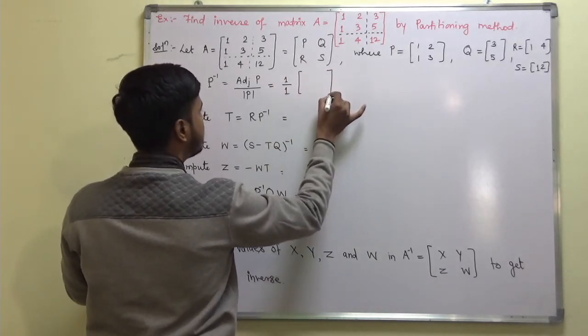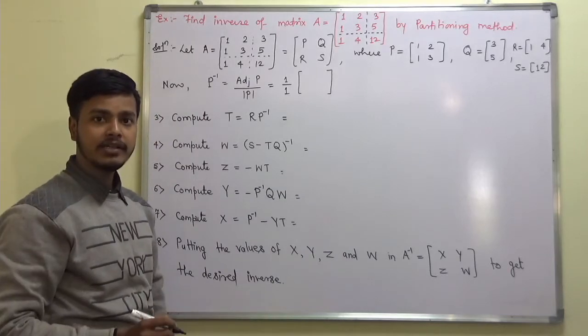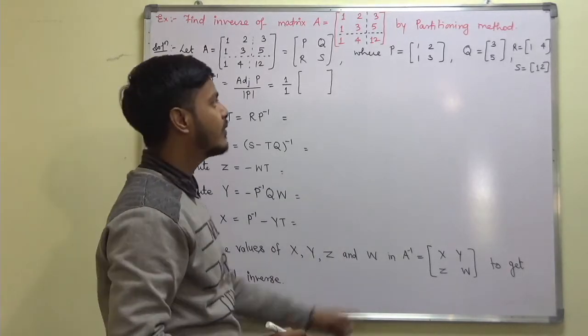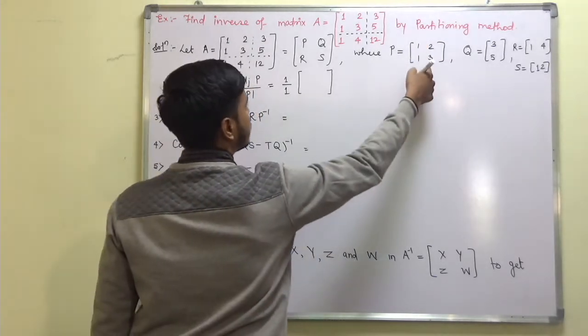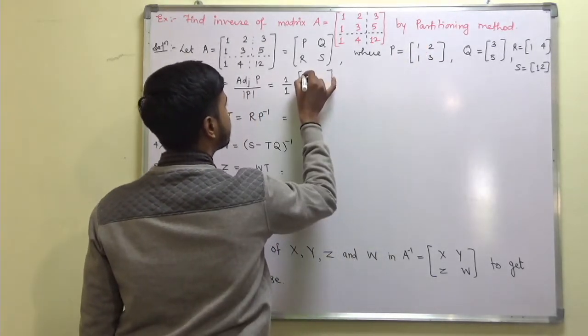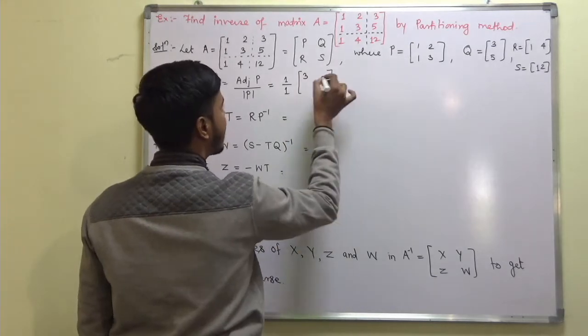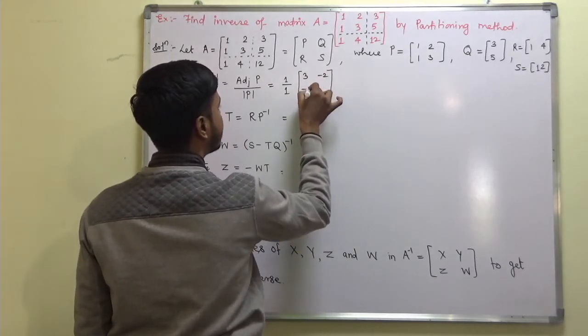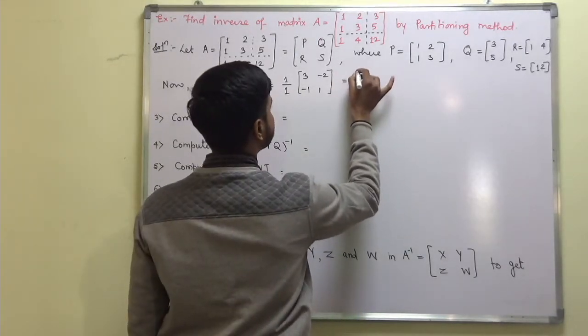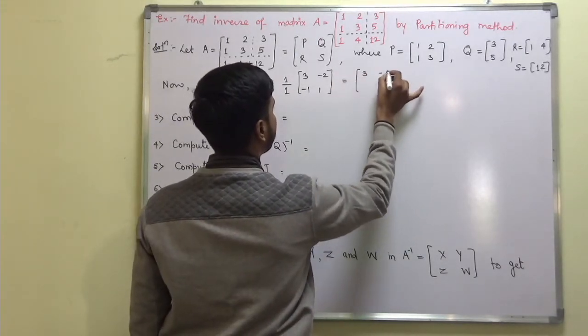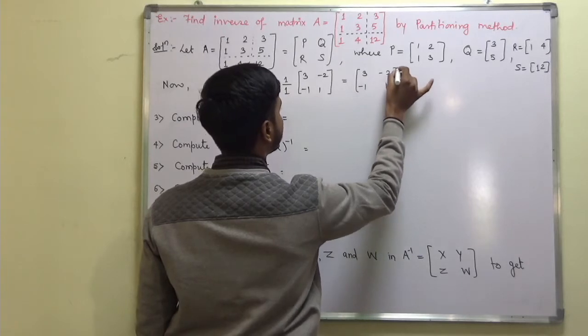Do you remember the trick that I have told you earlier to find the adjoint? Swap the diagonal elements, so here swapping gives you 3, 1, and give a minus sign to the non-diagonal elements. Simple. So my P inverse is 3, minus 2, minus 1, 1.